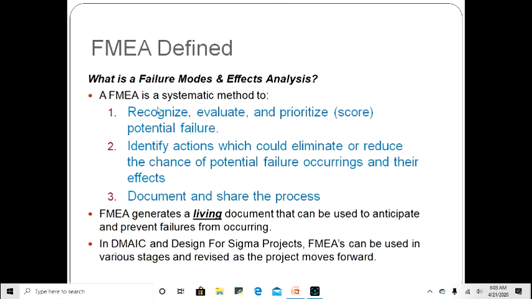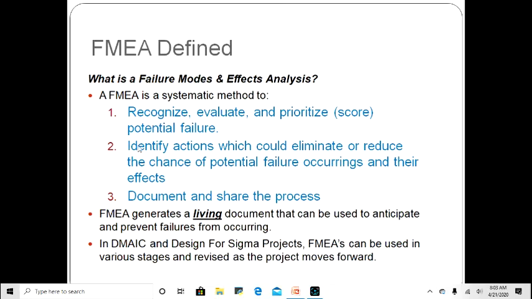So first, this is a tool used to recognize what the risks are, where they are occurring, where they are originating, evaluating and prioritizing the risk, and then looking at whether there is any way that it will meet a failure. So if the risk is high, then it may go to failure. So that is what it does.